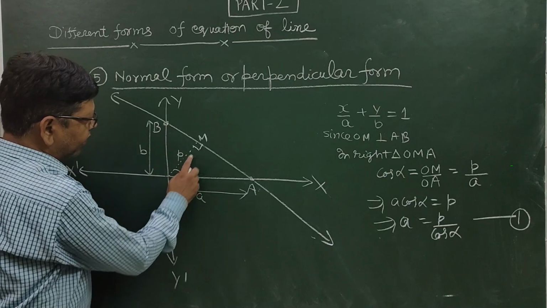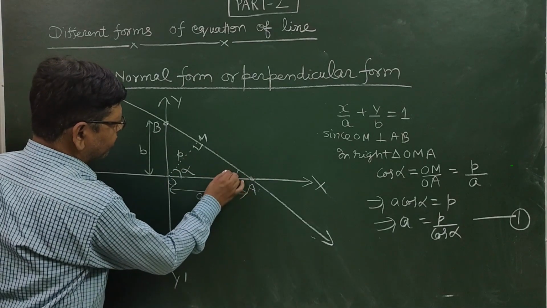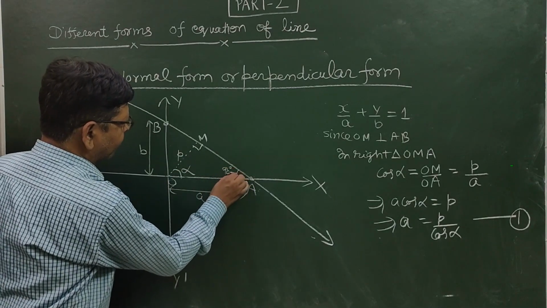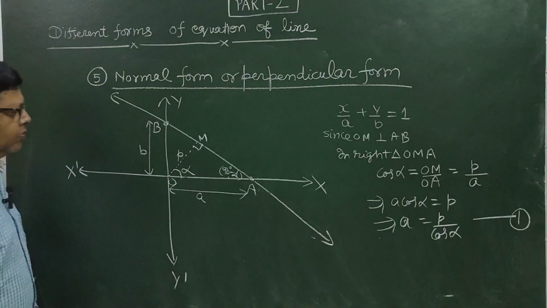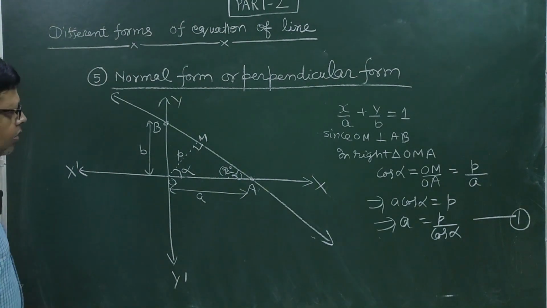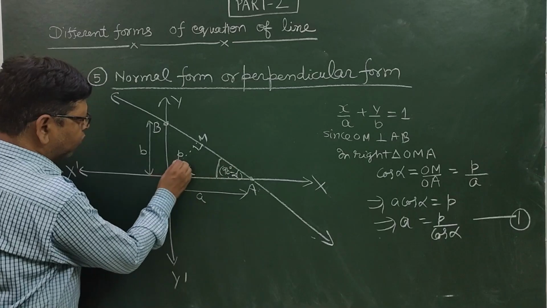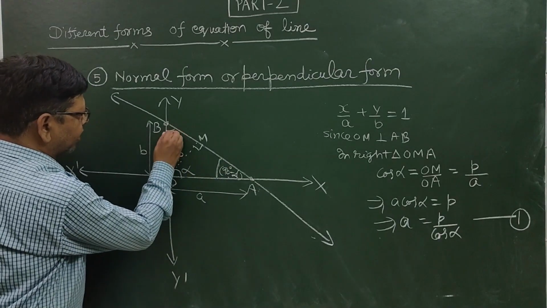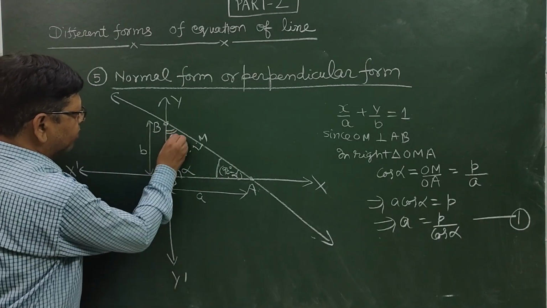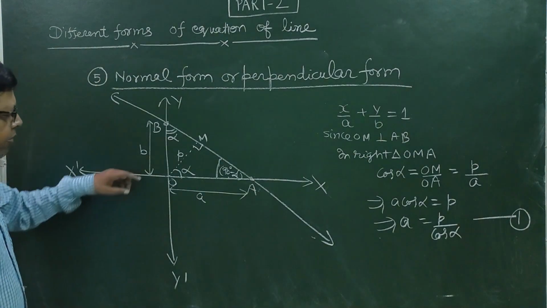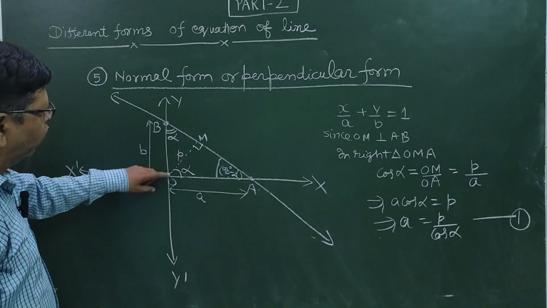This angle is alpha, this is 90 degrees, this angle is 90 minus alpha, and this angle is 90 minus alpha, the whole angle is 90, so this angle, that is angle B, will be alpha.